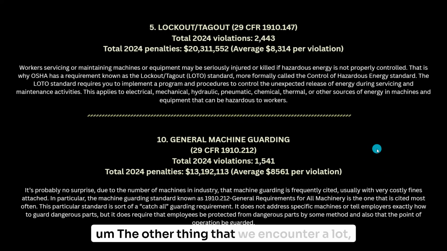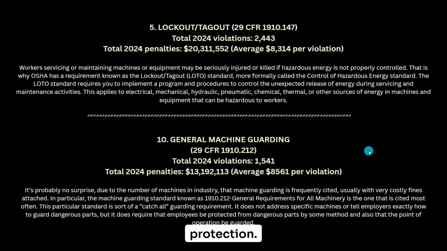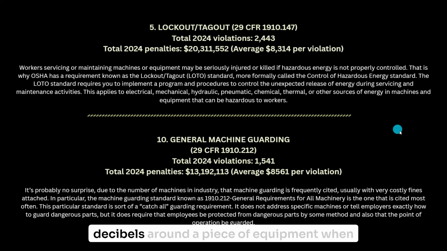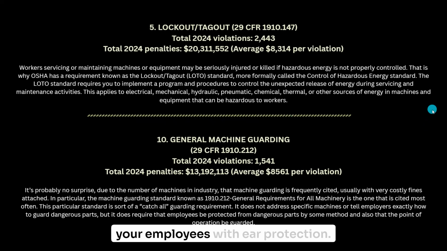The other thing that we encounter a lot, and you know this as dry cleaners, is ear protection. That's not on their top 10, but if your ambient noise is more than 85 decibels around a piece of equipment when it's running, you are required to provide your employees with ear protection.